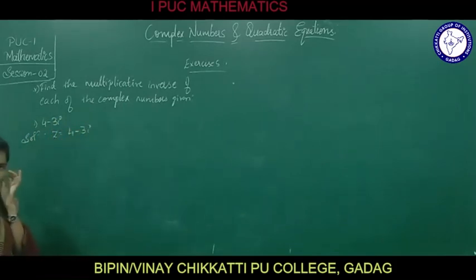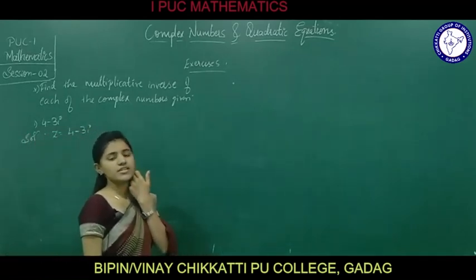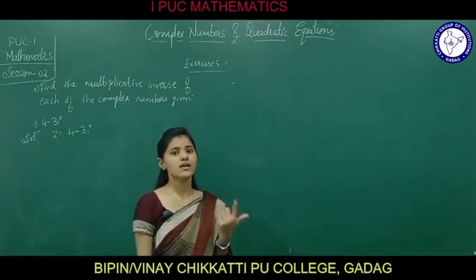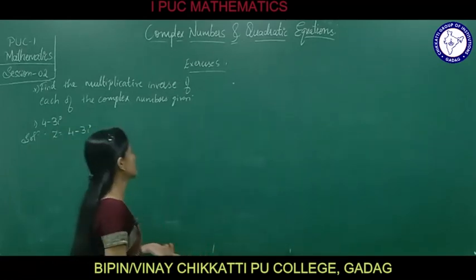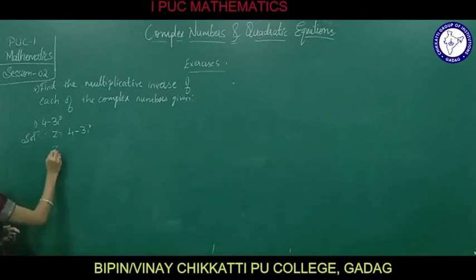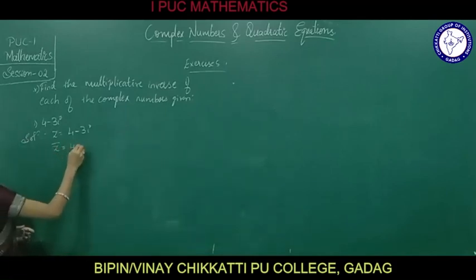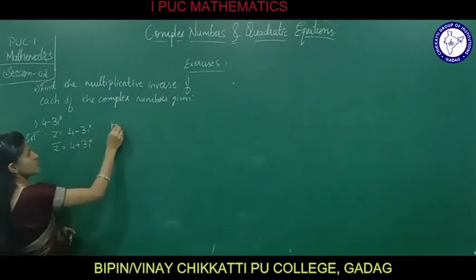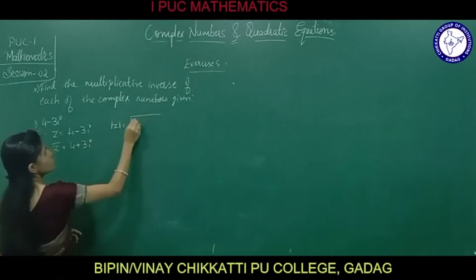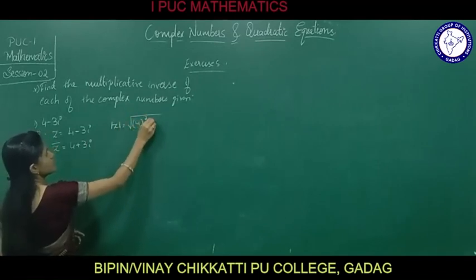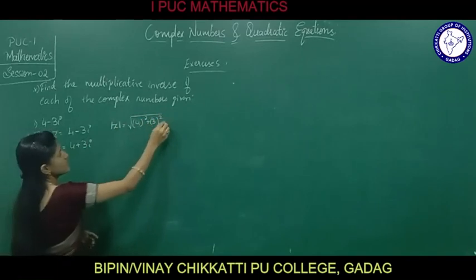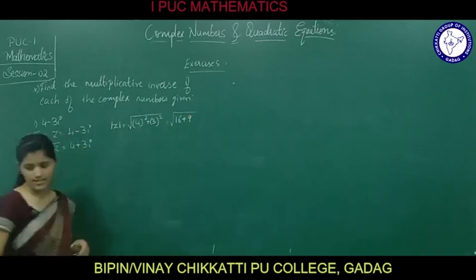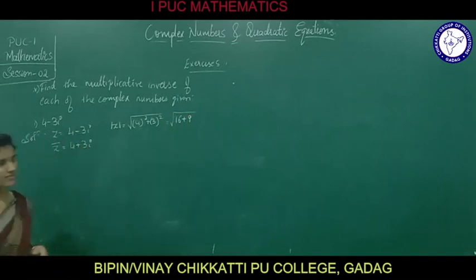Just now when we were deriving, I said to find the multiplicative inverse, we need to find the conjugate of the complex number and the modulus of that complex number. Then how are we going to get the conjugate? It is 4 plus 3i. What about the mod of this number? The modulus of z will be equal to root of 4 square plus 3 square, that is root of 16 plus 9.